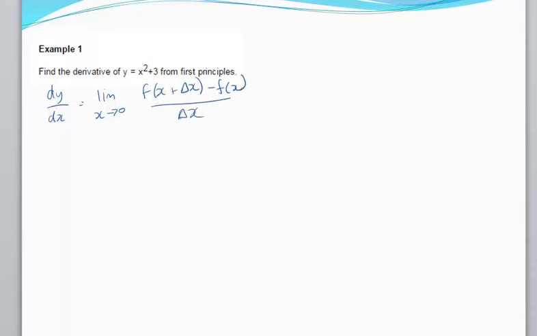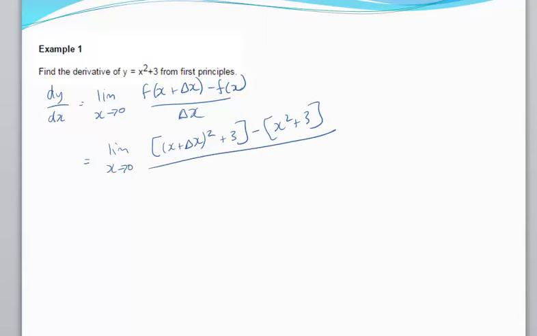So we substitute in our formula x squared plus 3. Here we're putting x plus delta x in for our x, then squared plus 3, minus our function of x, x squared plus 3, divided by delta x.